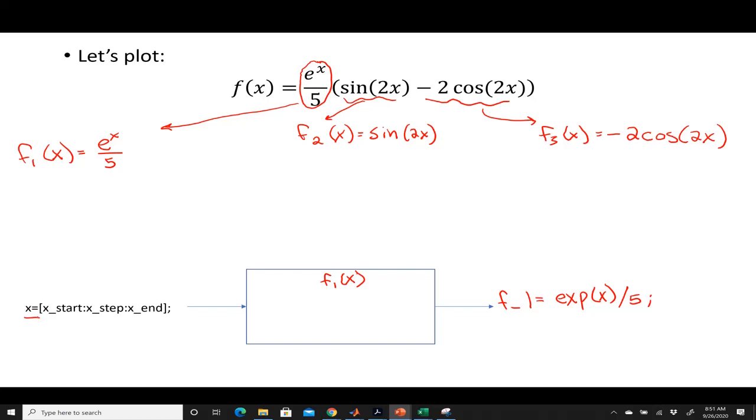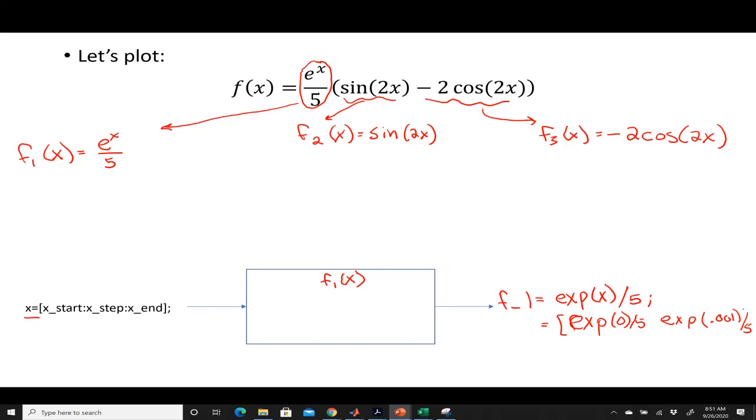And the values in that row vector, if I were to look at them, will be exp of 0 divided by 5, and then the next value would be exp of 0.001 divided by 5.